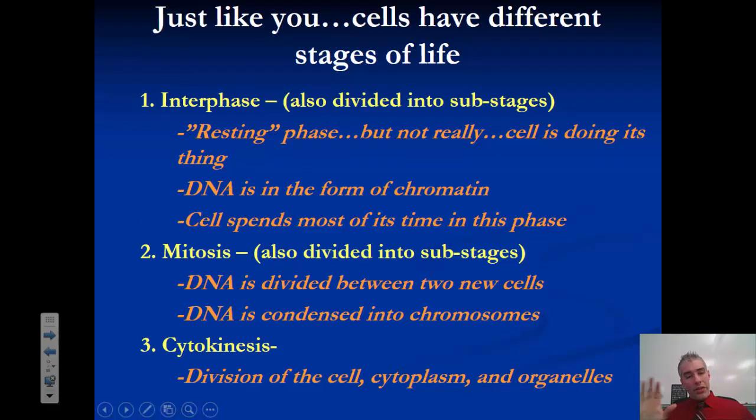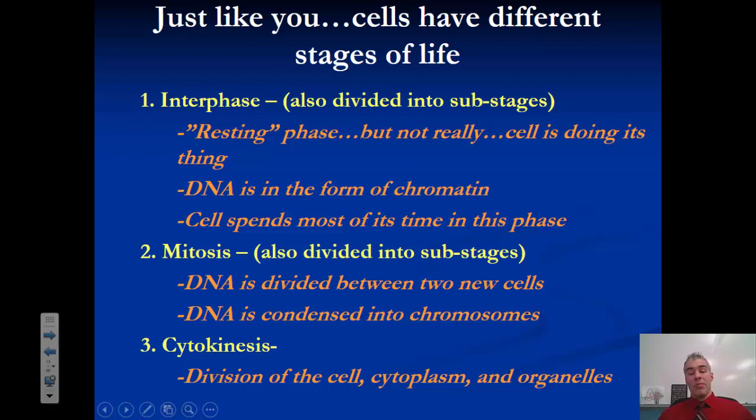So there are three main phases, if you count cytokinesis, two if you don't, of the cell cycle. Interphase is kind of its resting phase. That's when the cell spends most of its time. During this time, the DNA is replicated. It prepares itself to divide.